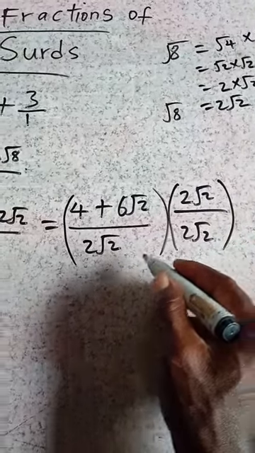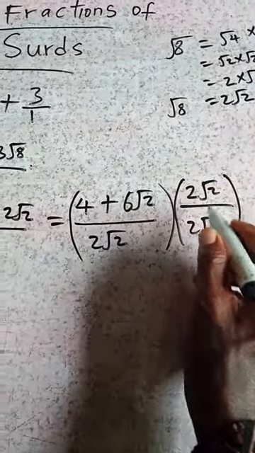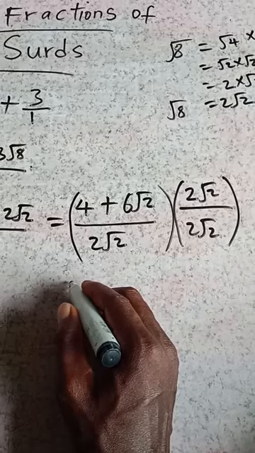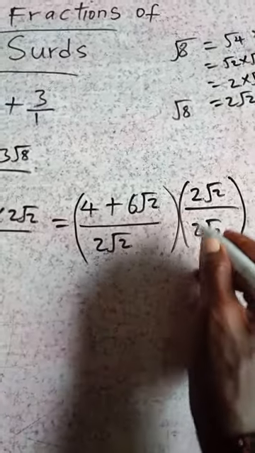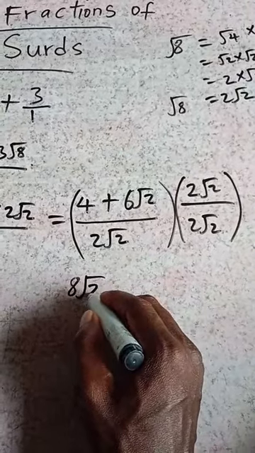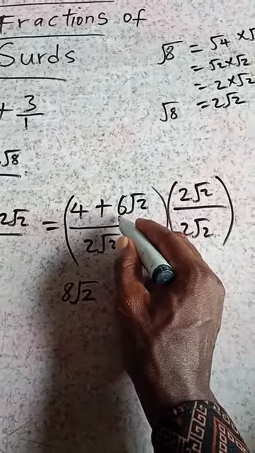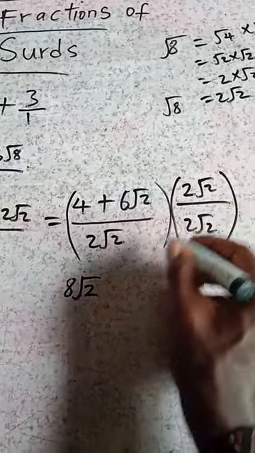So let's multiply. We have 4 times 2 root 2, which is 8 root 2. Then again, plus 6 root 2 times 2 root 2.